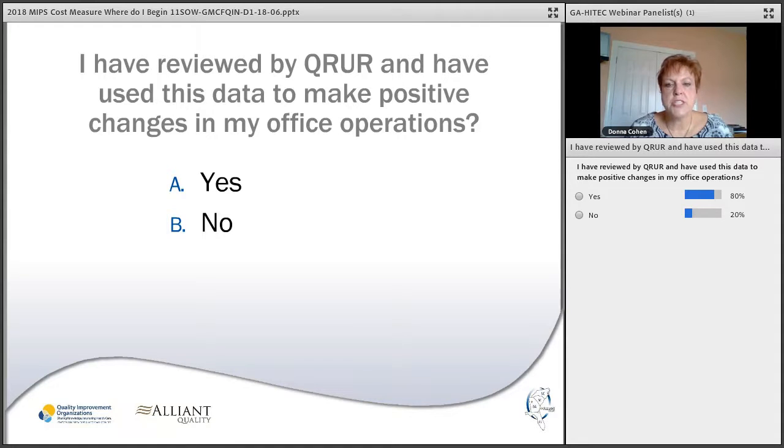And if you have any suggestions on information that's not in there that you think would make it better, or if you found this information not useful, if you could type in chat so I can take those recommendations to CMS and let them know what the people in the field are really thinking about this report.